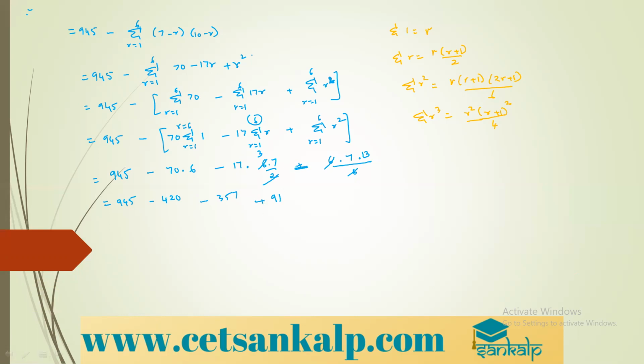Actually, this 91 also will become minus, because this minus is going here, so it will become plus. This minus is going here, so it will become minus. That means here 357 is added and then minus 91. Okay, this is correct now. And so you will get 791 ways. Only simplification is a little bit difficult.